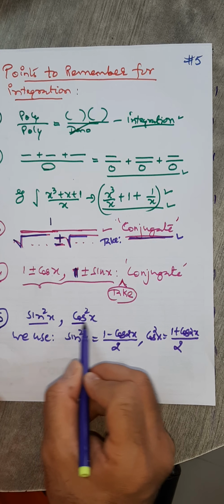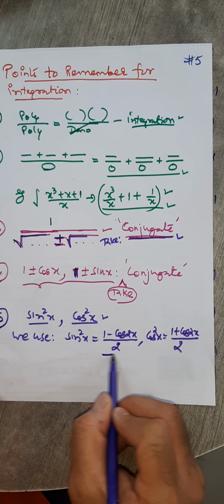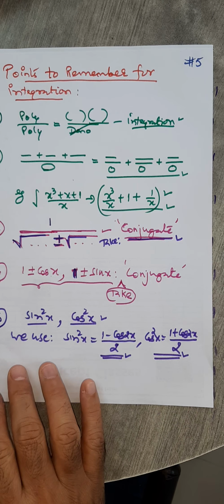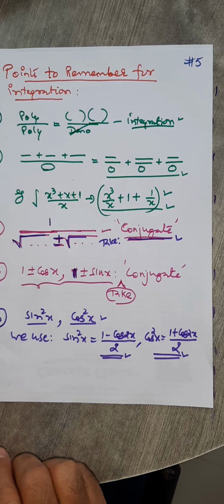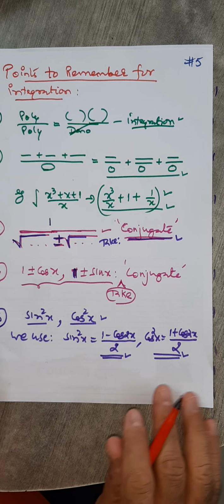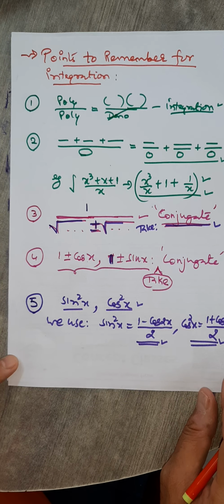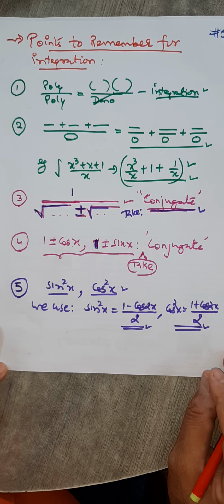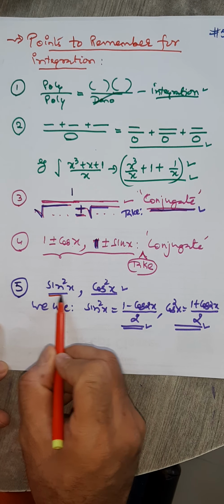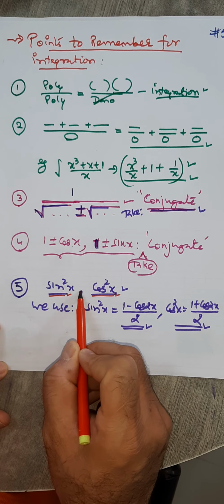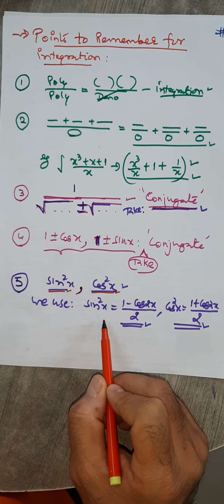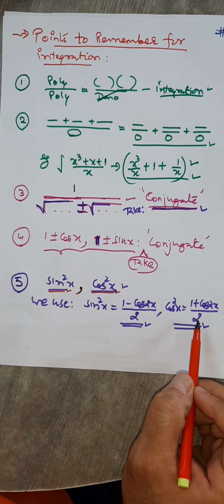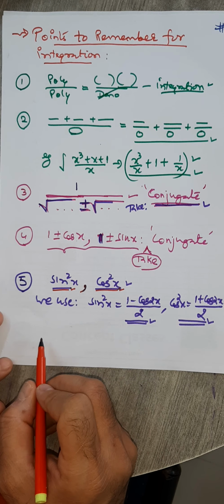For sine square and cos square, for integration you need to use these double angle formulas, remember, right? Individually. It depends upon the question also, but normally this would be applicable. It may not be applicable in all questions, but this will do, remember. If you have sine square and cos square, use the double angle formulas. Sine square is 1 minus cos 2x by 2, cos square is 1 plus cos 2x by 2.